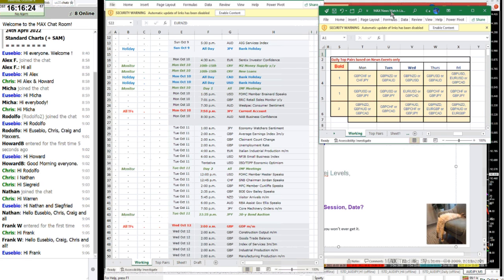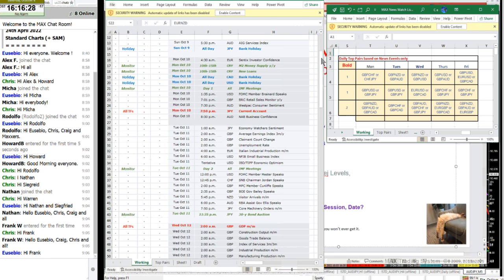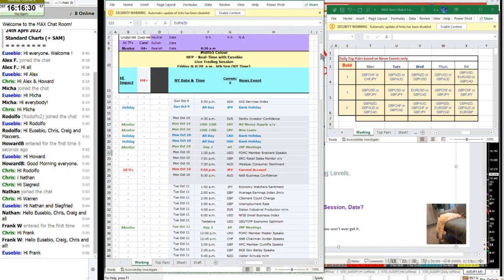What I'm looking at is anything that's not monitor or holiday between 5 p.m. the previous day and 5 p.m. today, which we will use as a flag for Eusebio's thinking. On Sunday there's nothing, and on Monday there's nothing, because this one's after 5 p.m. And so no trade on Monday is advised.